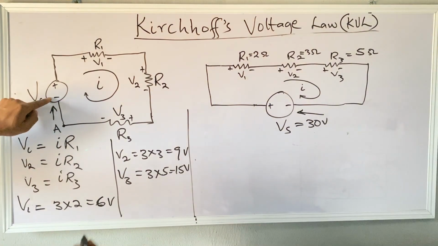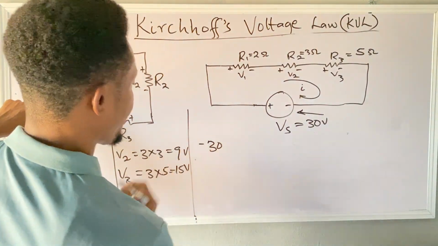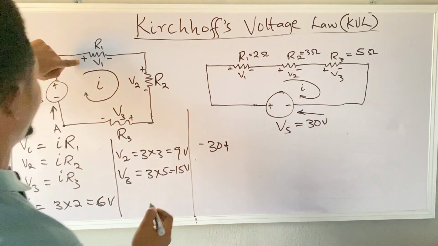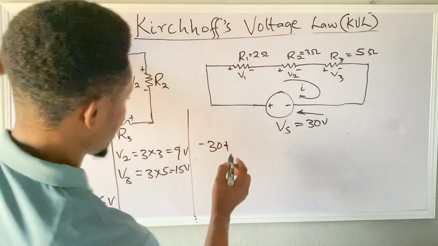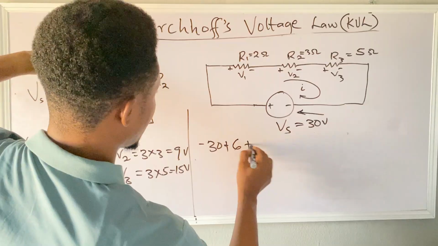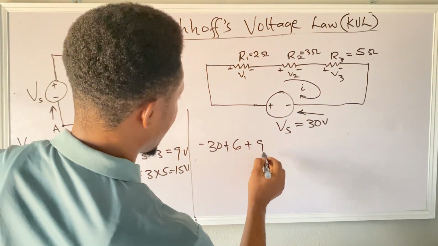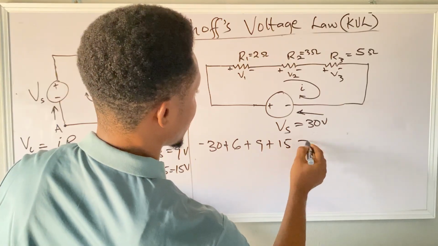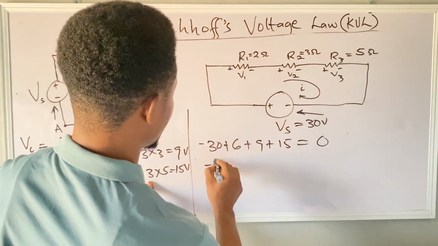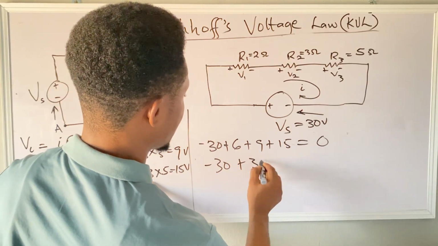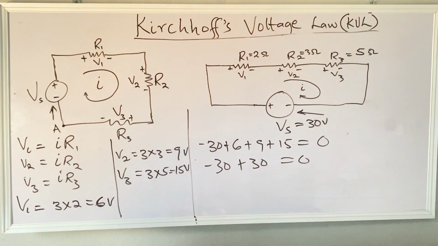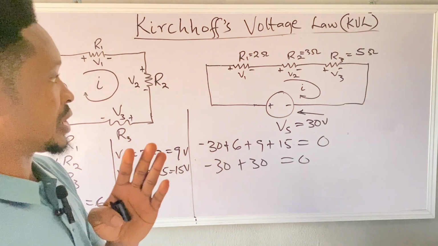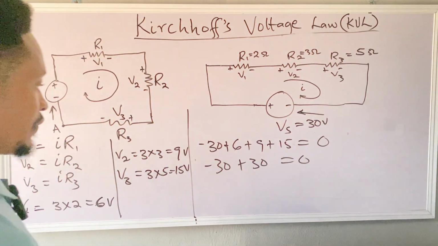So we take minus 30, then the first sign here is plus V1, which is 6, plus V2, which is 9, plus V3, which is 15. The answer will give us what? 0, because minus 30 plus 30 equals 0. That satisfies our KVL, that is Kirchhoff's voltage law.